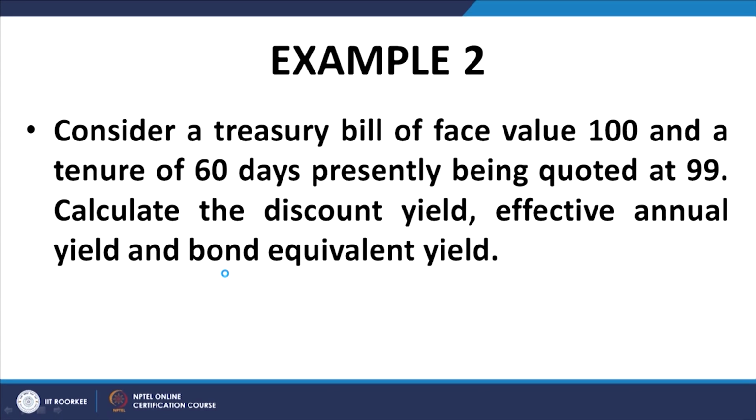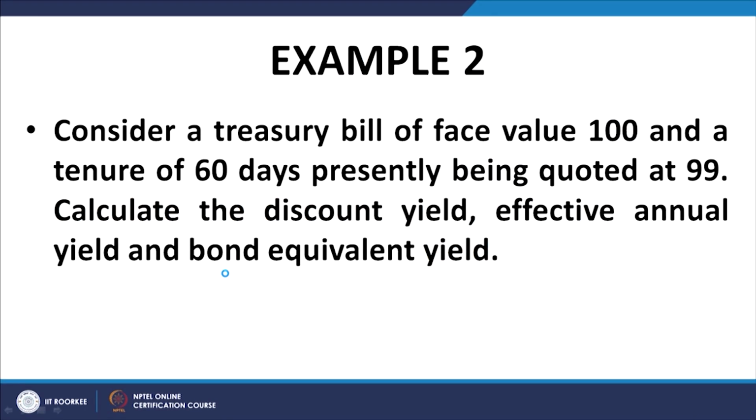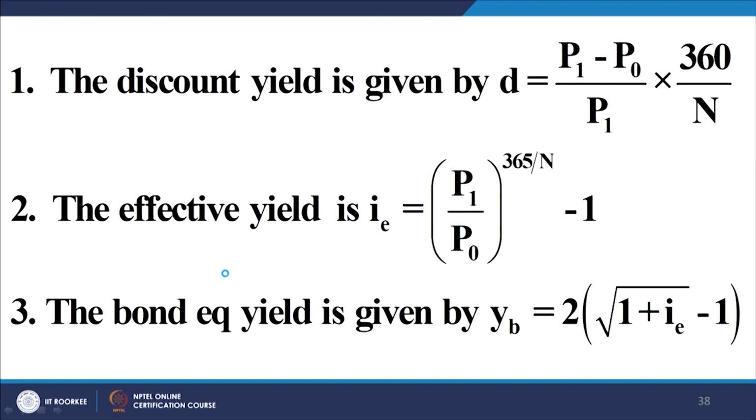Another example here: we have a treasury bill of face value 100, and it has a tenure of 60 days remaining, and it is quoted at 99. We need to calculate the various yields. It is quite simple. The discount yield is given by P1 minus P0, where P1 is 100 and P0 is 99, divided by 100 into 360 divided by 60.